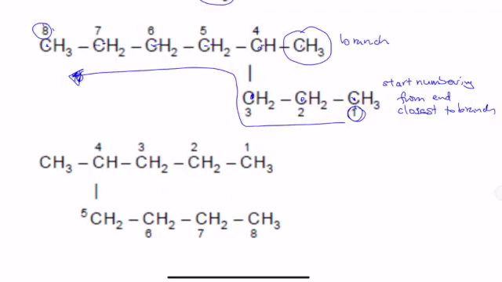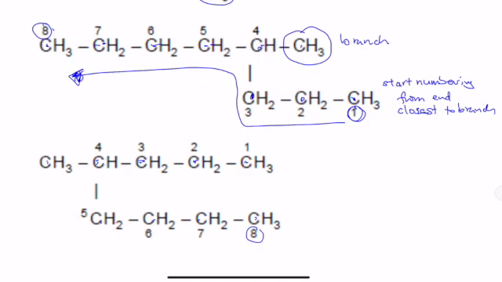For this next example, if you were to just look at this and count straight across, you'd have 1, 2, 3, 4, 5 carbons. But if you count from the right side, 1, 2, 3, 4, 5, and look and see, oh wait, I can continue down for a continuous chain. So this is 1, 2, 3, 4, 5, 6, 7, 8.